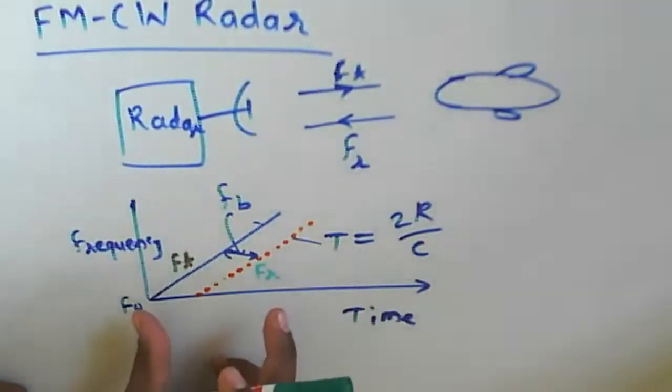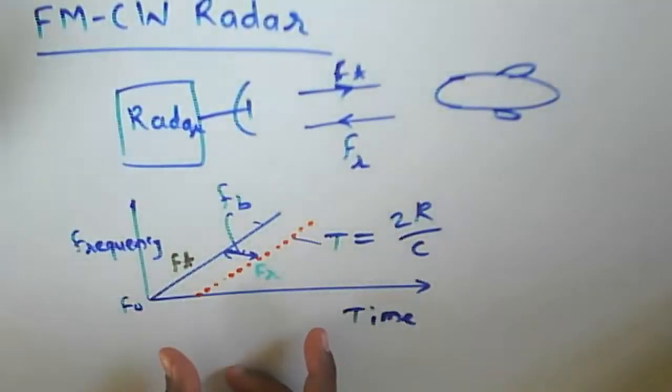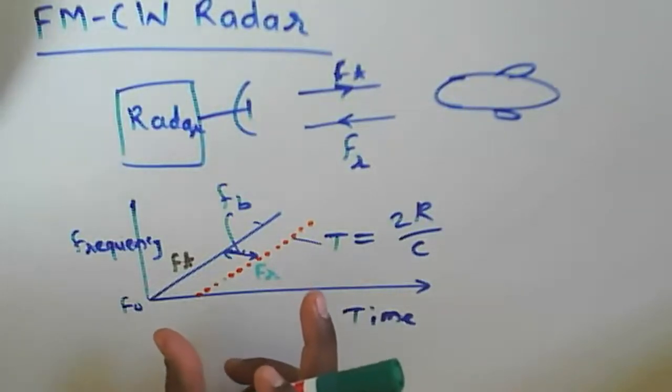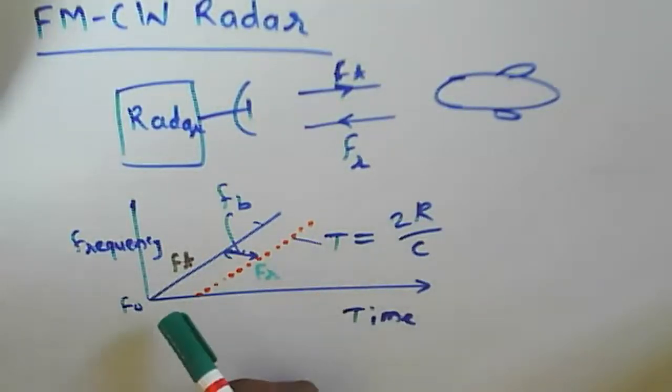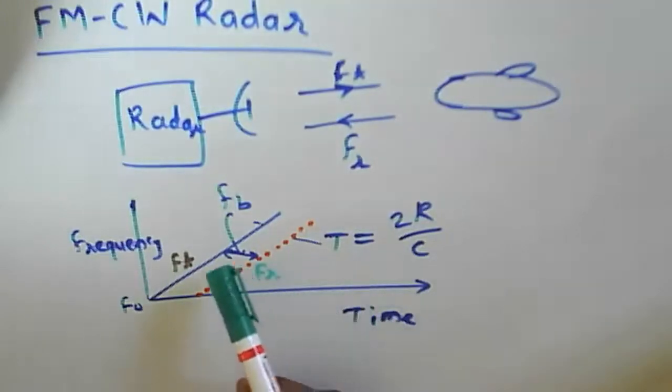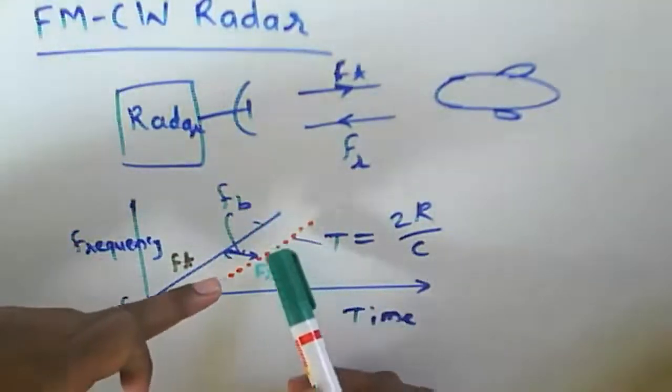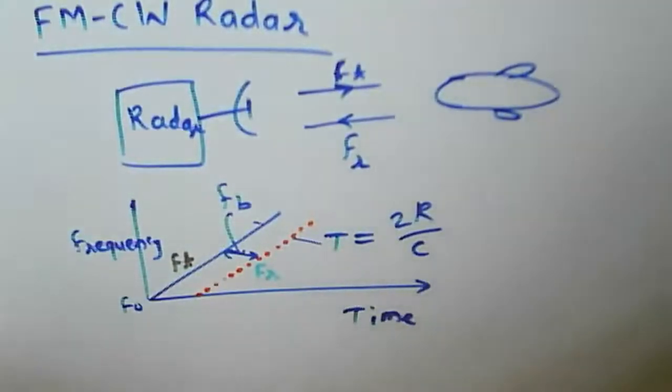Whether we are supposed to use a transmitting signal that will be triangular, whatever signal frequency we have, or whether it will be of a sawtooth fashion.